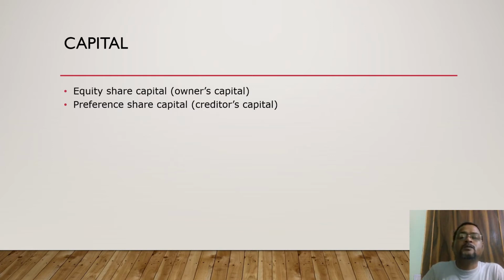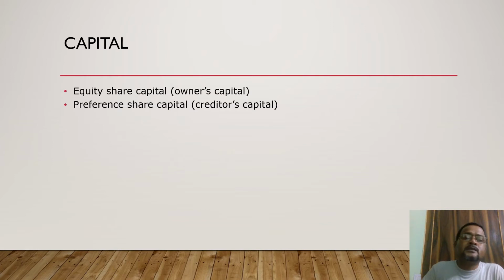Because more than one person is contributing the capital, that is known as equity share capital or owner's capital, which is essentially the same thing as a single individual contributing to a proprietor. However, the proprietor owns the full amount of the business, but the shareholder doesn't own the whole of the firm or the company.